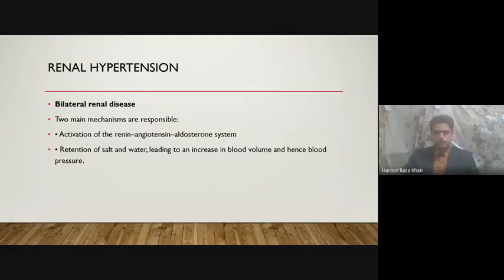I will now briefly explain what this system entails. Now, this system is a hormone system that regulates the blood pressure and fluid electrolyte balance. So, what is the mechanism?